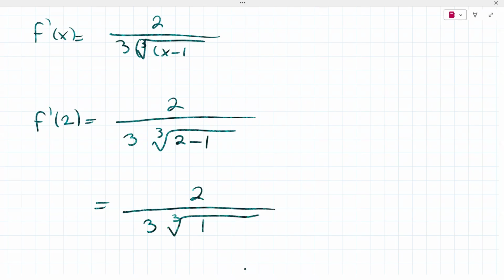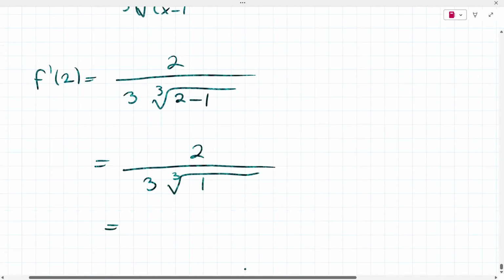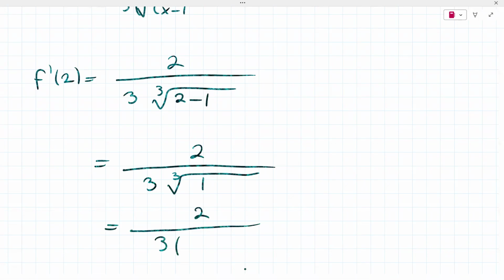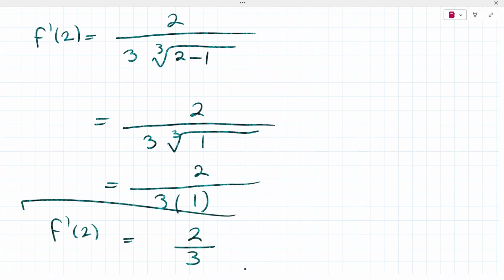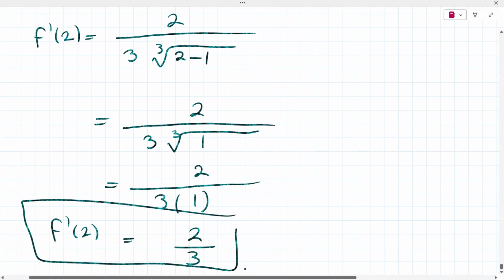So 2 minus 1 is 1. This is 3. And then what is the cube root of 1? 1. So that is 2/3. So f prime of 2 is 2/3. That's what they want. So that is your final answer. Okay, we will stop here.